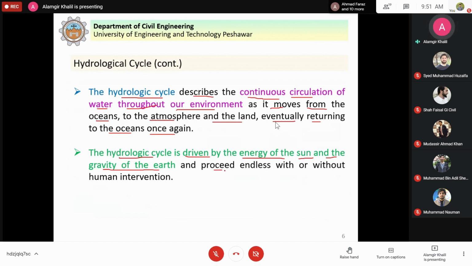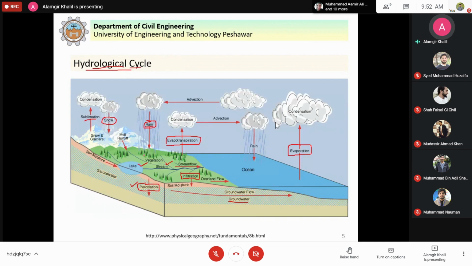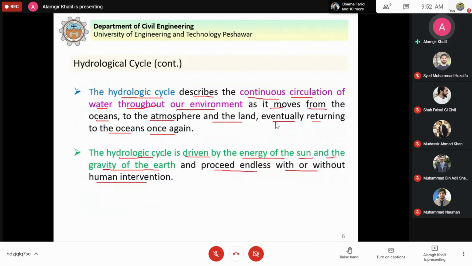And it proceeds endless. It is a continuous cycle with sub-cycles, with or without human intervention. Because of the activities we carry out, because of the dams that we construct, because of the pumping of the groundwater that we extract for different purposes and so on, this cycle continues with or without human intervention.